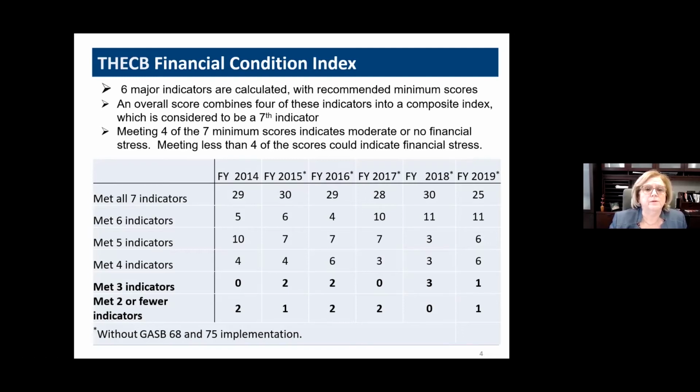Meeting less than 4 of the scores could indicate that there is some financial stress at the college. And you can see over time, since 2014, so the last 6 years I'm displaying here, there have been anywhere from 2 to 4 colleges that met less than 4 indicators. So stated another way, between 46 and 48 colleges annually are considered to have little to moderate stress.